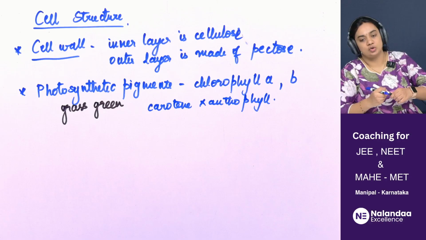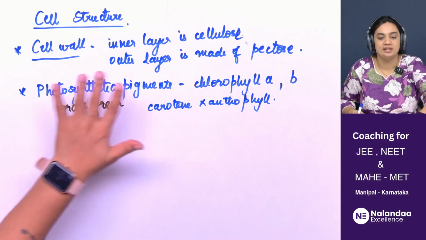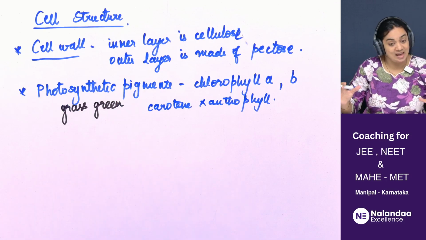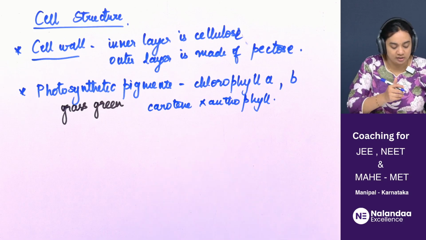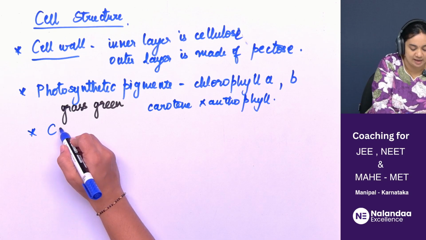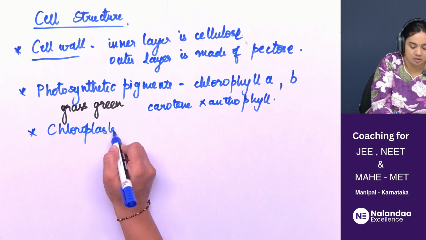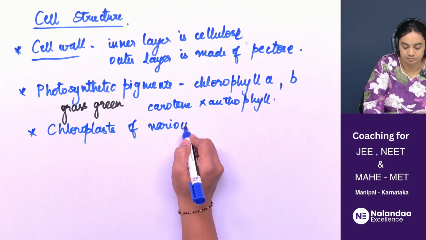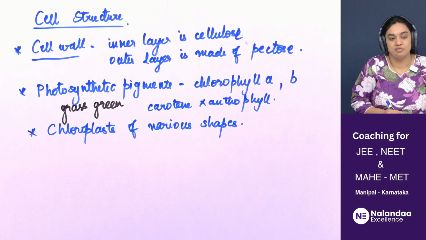Together they give a grass green color to Chlorophyceae. Hence we call them green algae. Is this clear? These photosynthetic pigments are found inside chloroplasts of various shapes.